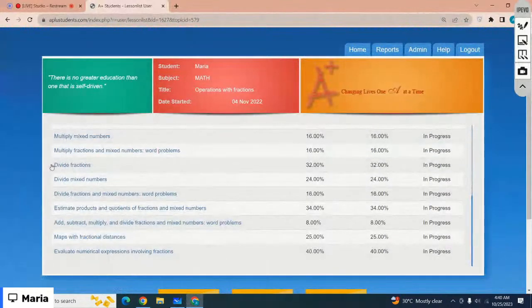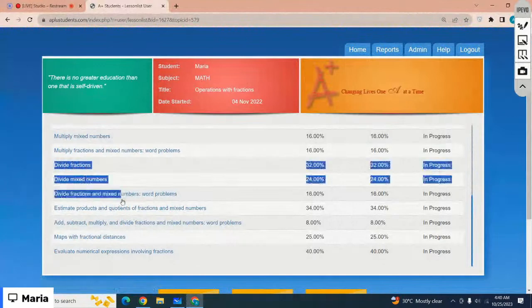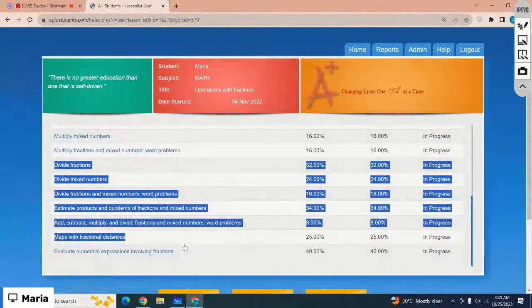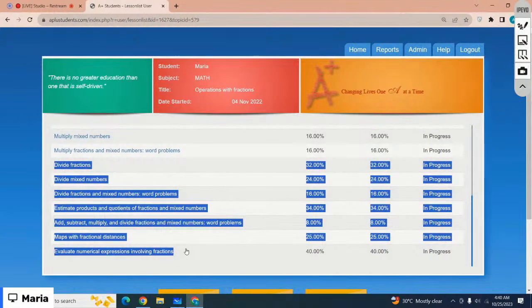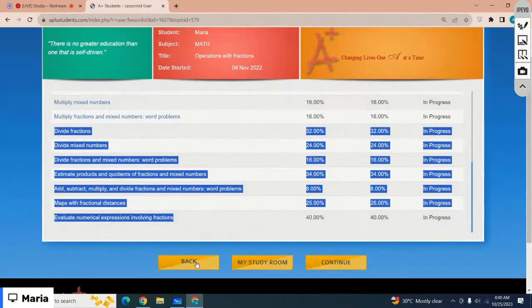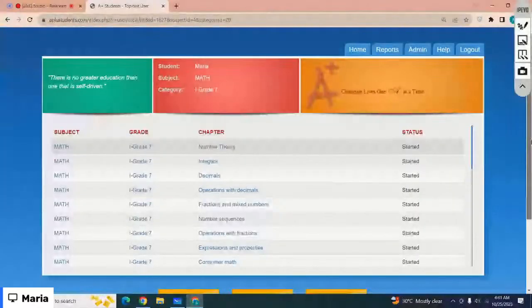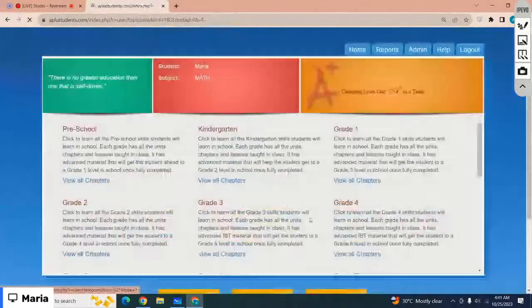The lessons we have covered today are divide fractions, divide mixed numbers, estimate products and quotients of fractions and mixed numbers, maps with fractional distances, and evaluate numerical expressions involving fractions. So please make sure before the next session you complete all the practice questions for the lessons we did today. Also, you have to complete the practice questions for the lessons I skipped, right?